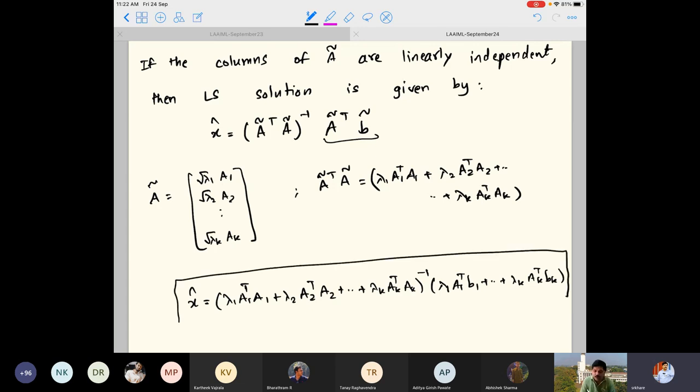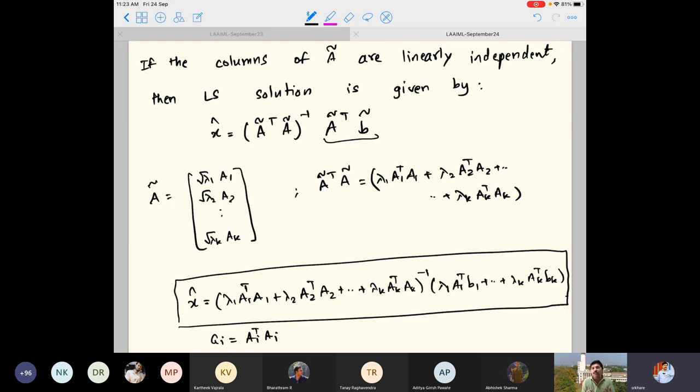So what you are really doing is having all these gram matrices together. If you call Gi to be Ai transpose Ai, then you have all these weighted gram matrices, lambda i Gi, and you are taking the inverse of those weighted gram matrices, and on top of it you have lambda 1 A1 transpose B1, that part getting multiplied.